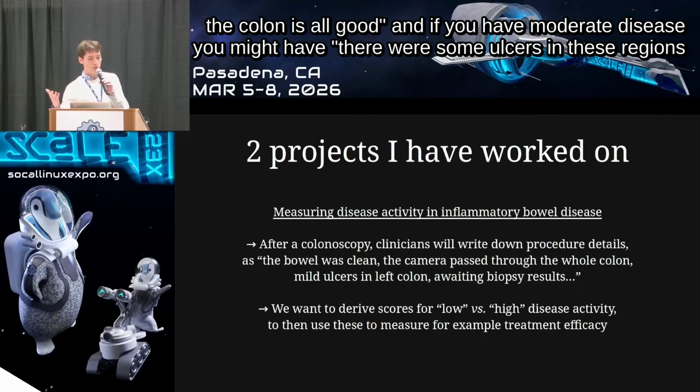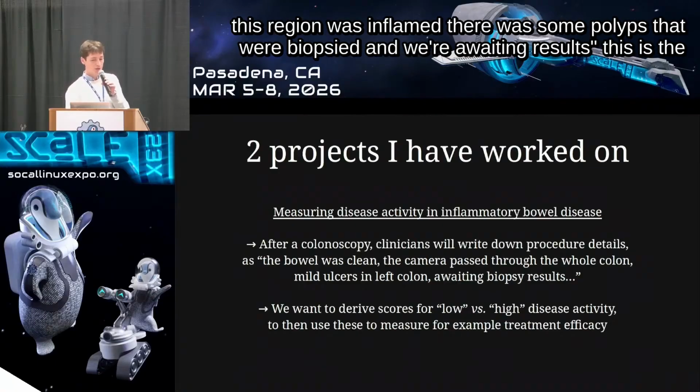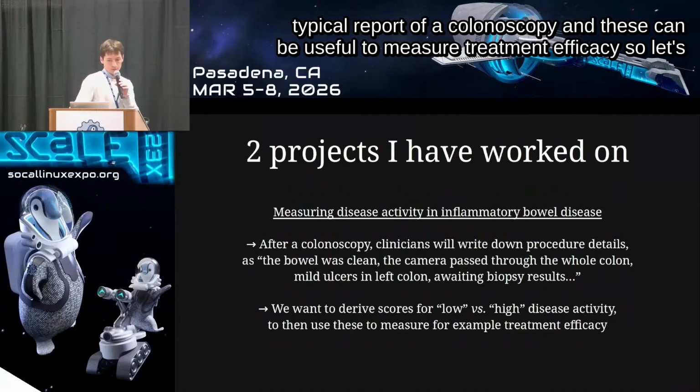If you have moderate disease, you might have: there were some ulcers in these regions, this region was inflamed, there were some polyps that were biopsied and we are awaiting results. This is the typical report of a colonoscopy.